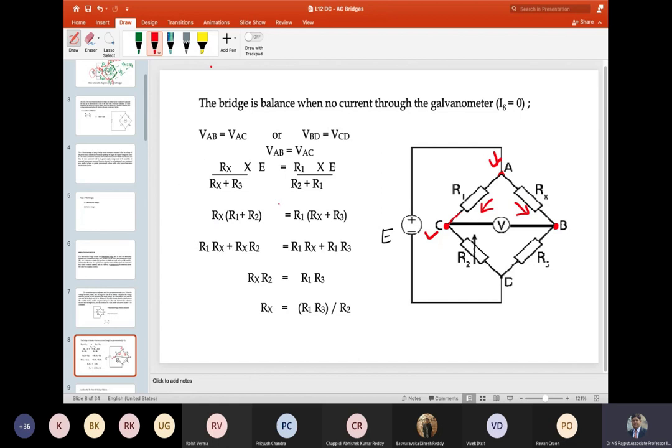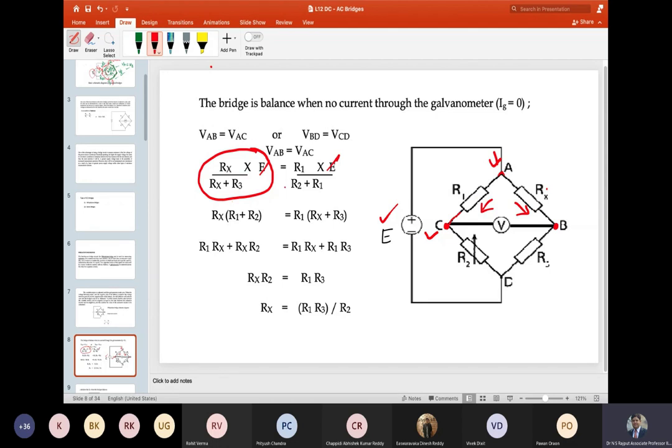This is simply a voltage divider circuit, and therefore on this ABD path I can identify VAB as Rx by Rx plus R3 multiplied by the voltage supply E. So VAB is equal to VAC. VAC is R1 by R1 plus R2 into E. Obviously E and E go off.